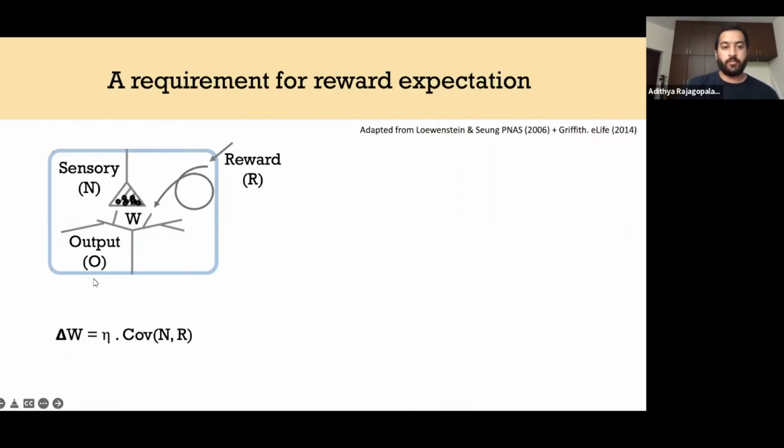In a paper with a simple model, you have two sensory neurons that represent the two different options that are available, two output neurons, and reward information passing into the circuit, and the weights of the sensory neuron to output neuron synapse can be modified over time.